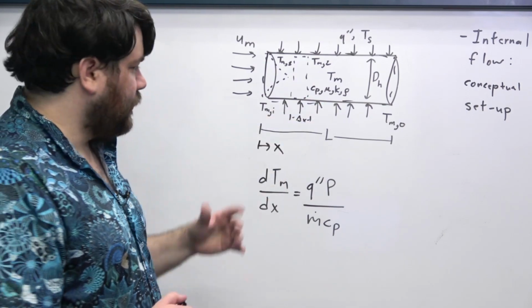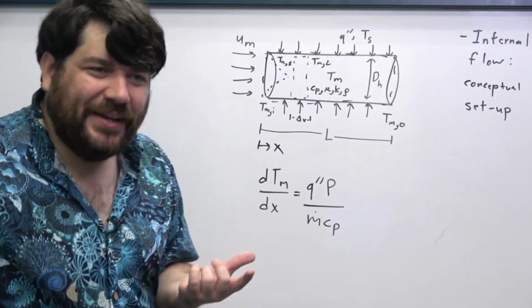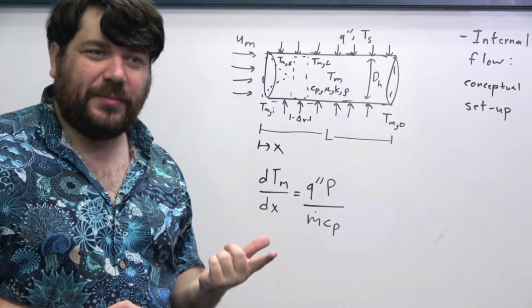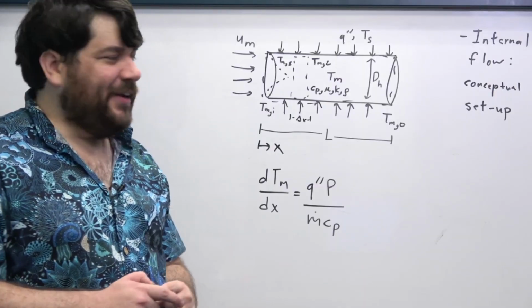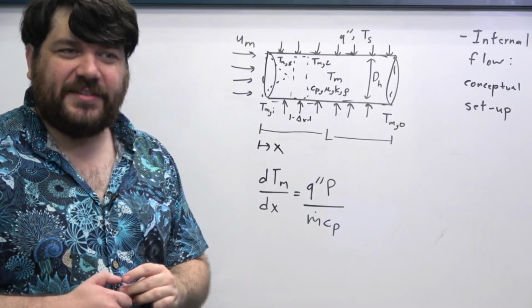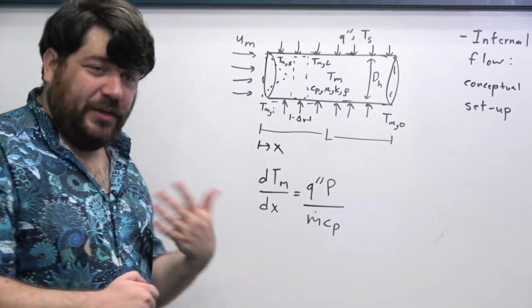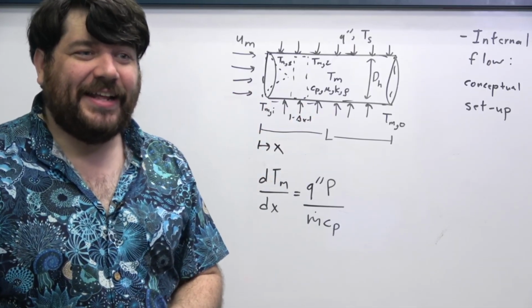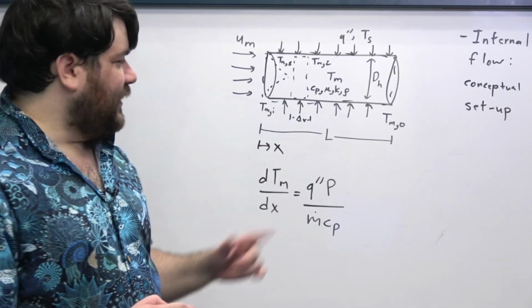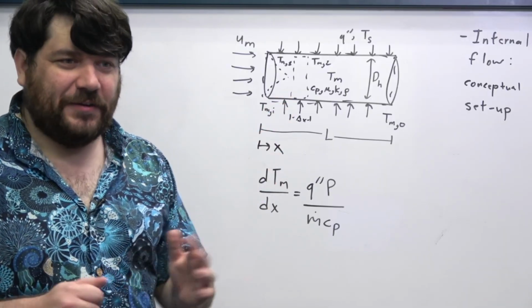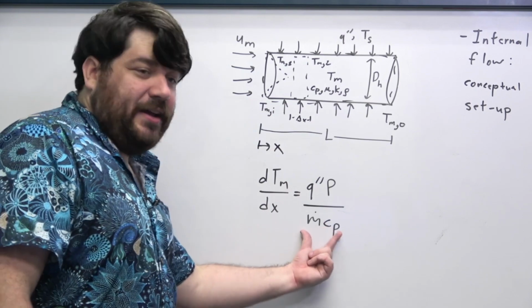And so we find that whenever we have a situation where there's a uniform heat flux being imposed onto a duct that is carrying liquid, the temperature of the liquid is going to increase linearly as a function of x, with a governing constant given by this.